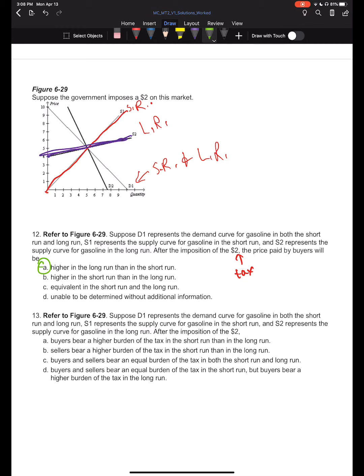No, the price buyers pay is higher in the long run than in the short run because they bear more of the burden in the long run. Sellers bear a higher burden of the tax in the short run than in the long run. Perfect. We know that the sellers do in fact bear a higher burden of the tax in the short run than in the long run because their curve becomes more elastic in the long run.